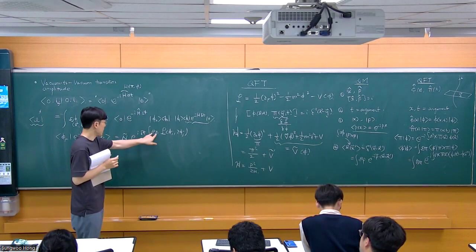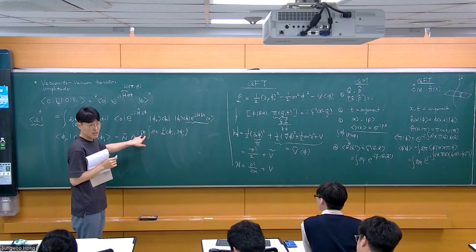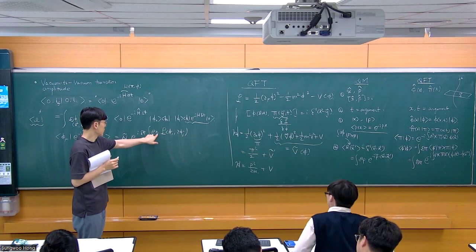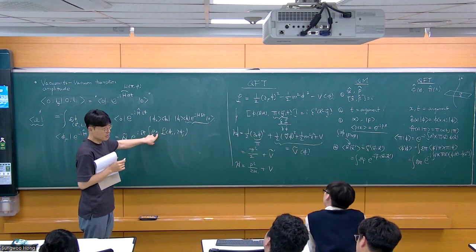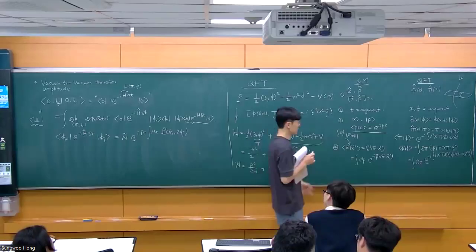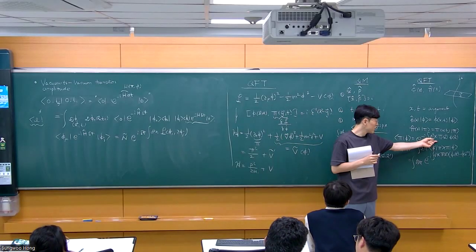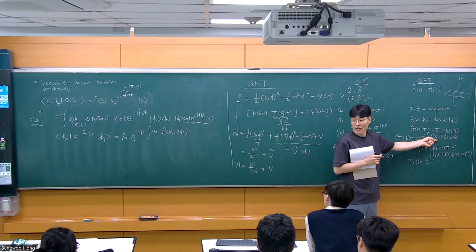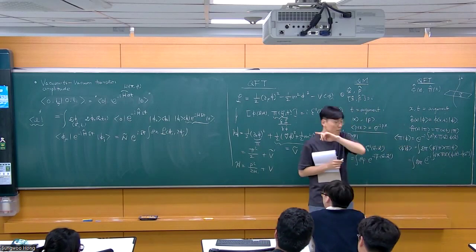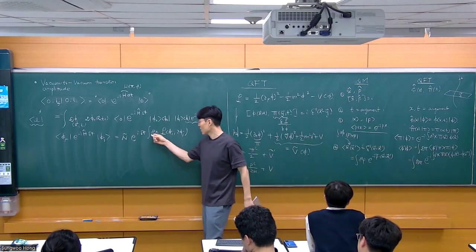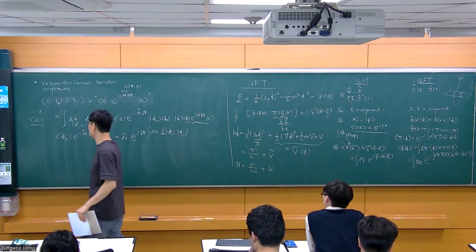In this case, the reason why, in addition to the dt part that we saw in quantum mechanics, we have a d3x integral is because in this overlap expression we have d3x. So that's why this extra integration appears compared to the quantum mechanics case.